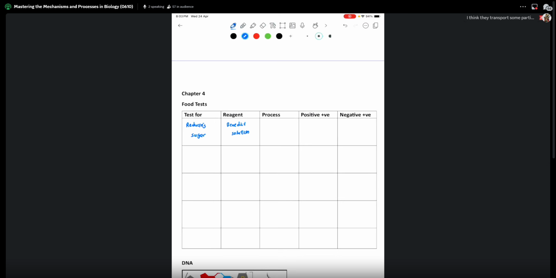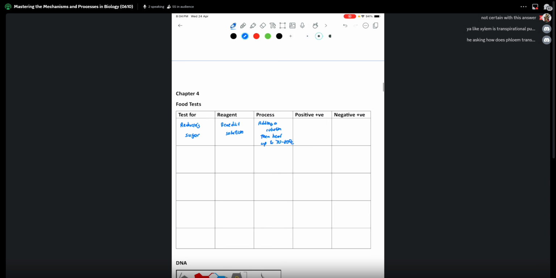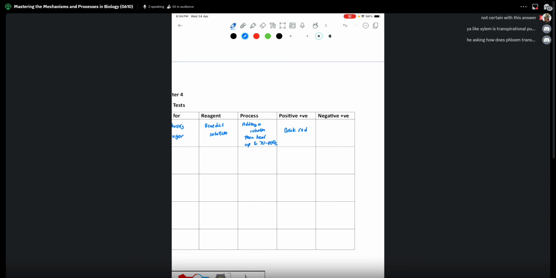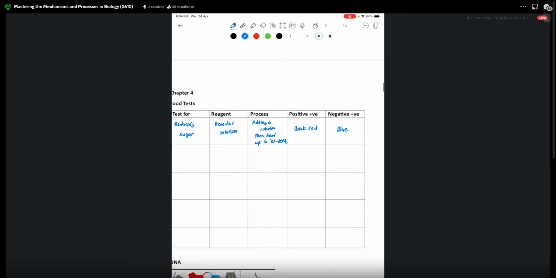For the process, we add the solution, and then we heat up to about 70 to 80 degrees. 60 is also acceptable, just around that range. Okay. So the positive test for reducing sugar will be brick red, and for a negative test, it will remain blue.